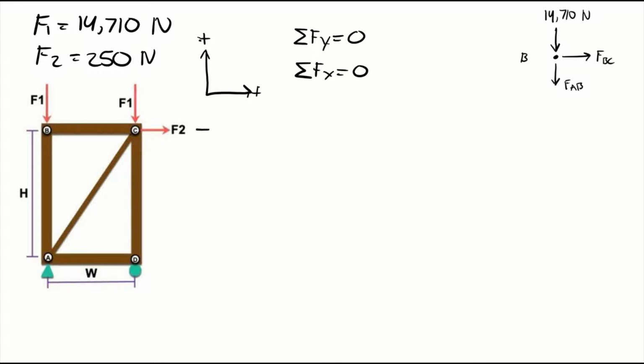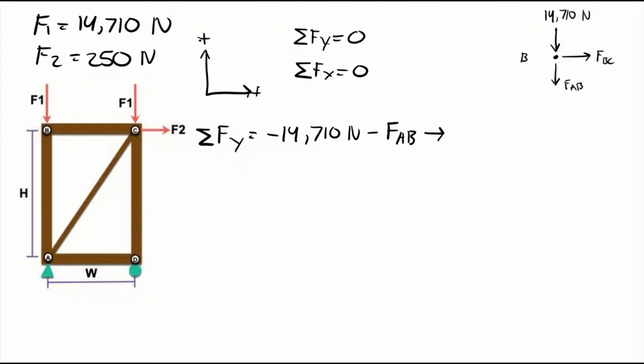So we will start out with the sum of forces in the y, which equals negative 14,710 newtons, because the force is pointing down, minus F sub AB, because I drew that arrow pointing down.